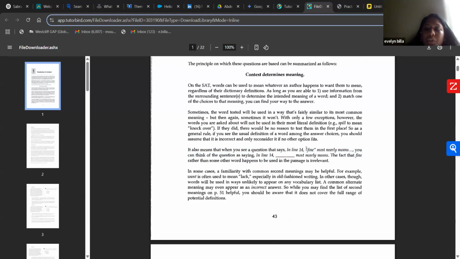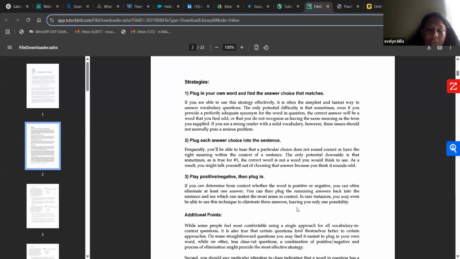So when you see "fine most nearly means," fine is not your answer, but the question will be in this format: in line 14, blank, most nearly means what? When you look at the options of what the author is trying to say, you will see fine will be the answer.